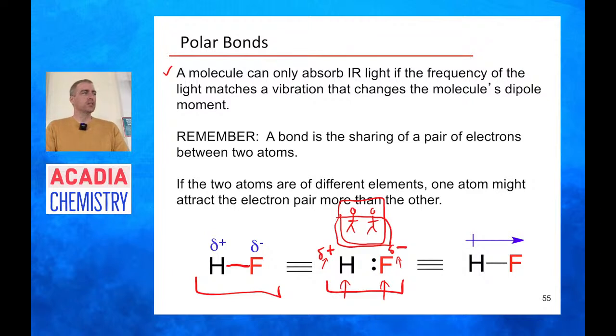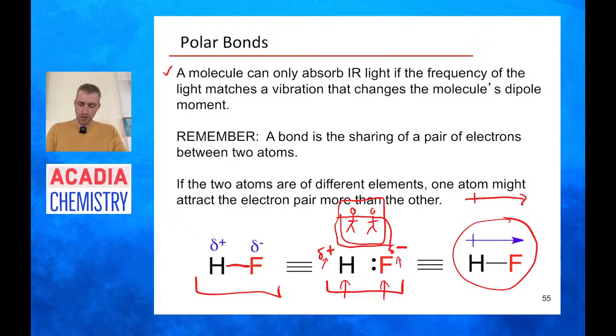Because the fluorine is more electronegative, it wants the electrons to be closer to itself. And that creates this imbalance where one side has a positive, one side has a negative, and so we would say this bond now is polar. Polar means it kind of has a negative end and a positive end. We sometimes draw it with one of these arrows, which just shows the direction of the dipole and has this little plus sign on the back.